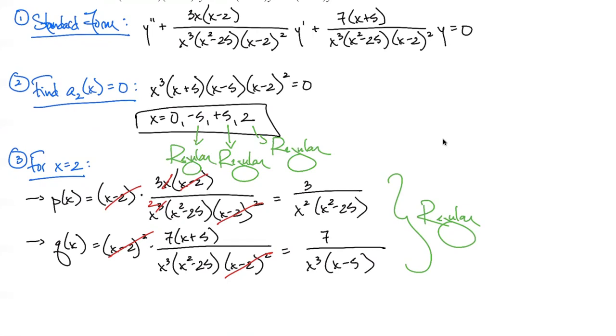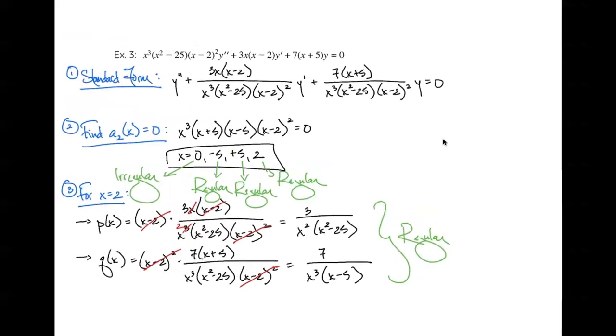Exactly. So the denominator has that cubed, but it only shows up twice in that little q of x. So there's still going to be one x in the bottom. And so that x equals 0 is indeed an irregular point. Okay.